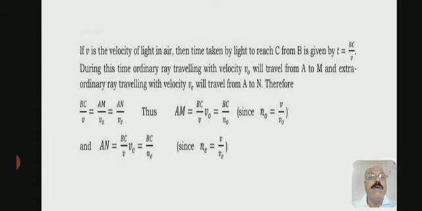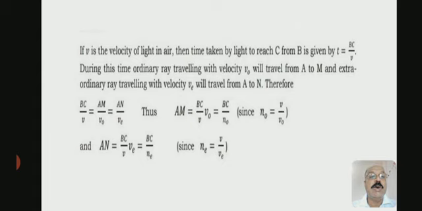Now, if v is the velocity of light in air, then the time taken by light to reach C from B is given by t = BC/v. That is, time is equal to distance divided by velocity.